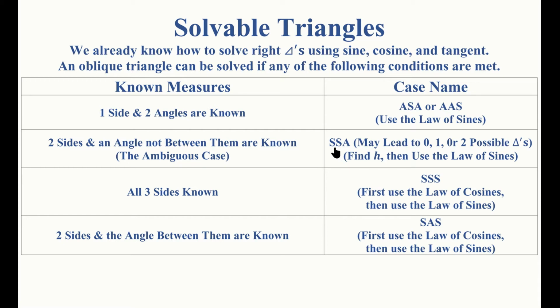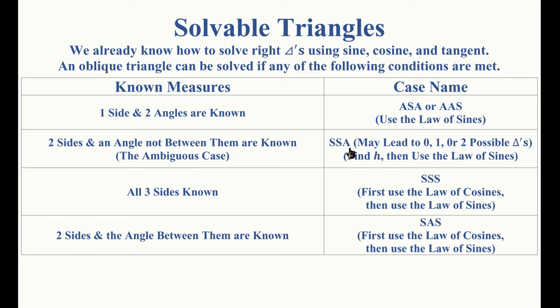The other one was the indeterminate case of SSA. That's when you have two sides and an angle that is not between them. We found out that sometimes we have one possible triangle, sometimes two, but sometimes we have no possible triangle.